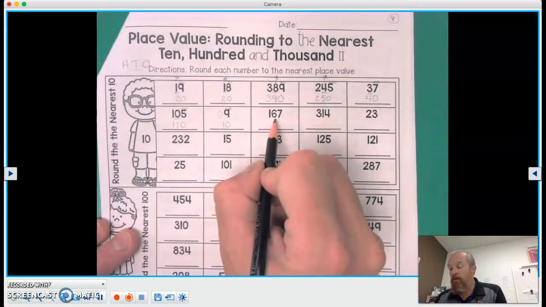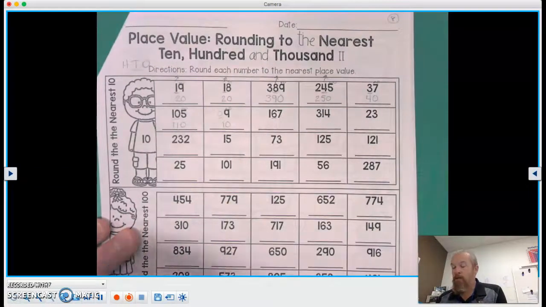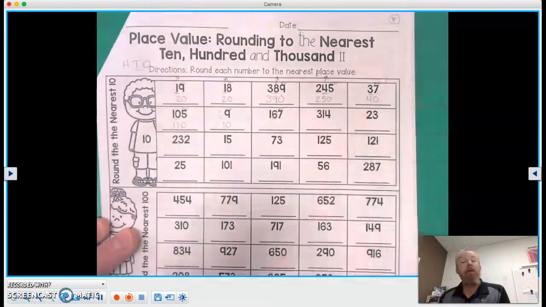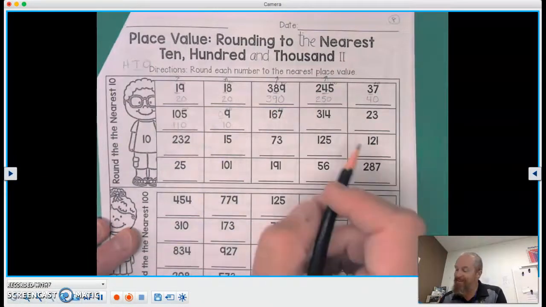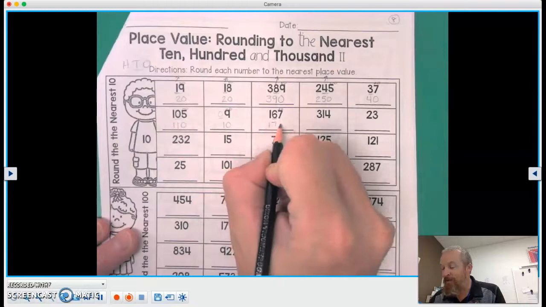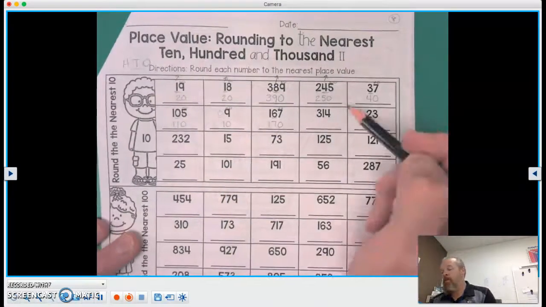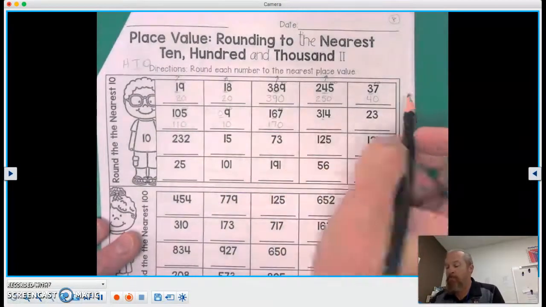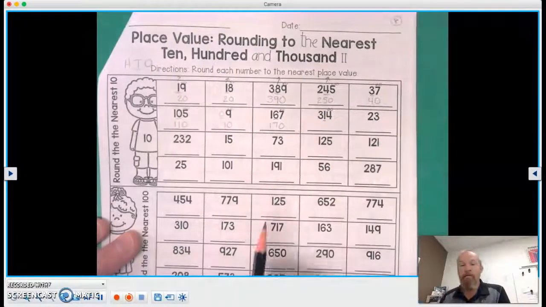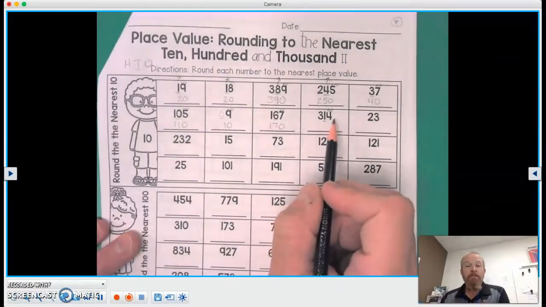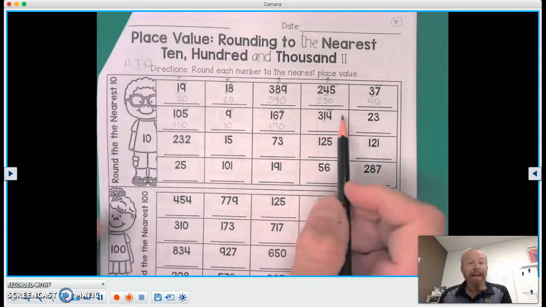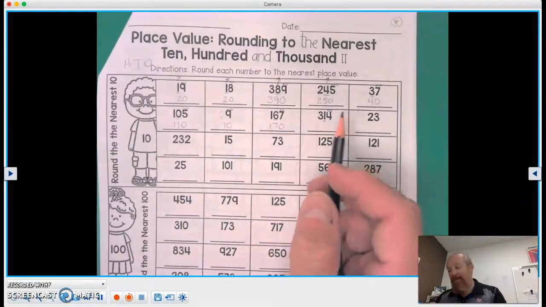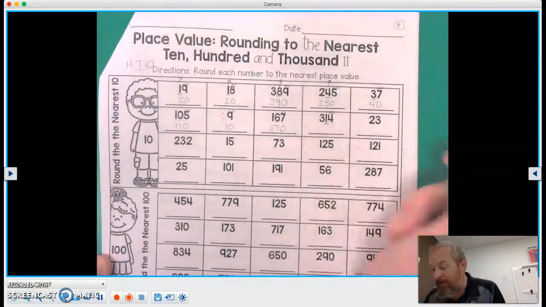167. Locate the tens column, look next door. 5 or more, raise the score. 170. Tens column, look next door. Oh, look at that, it's our first one: 4 or less, let it rest. So we're down to the 10 on that one.